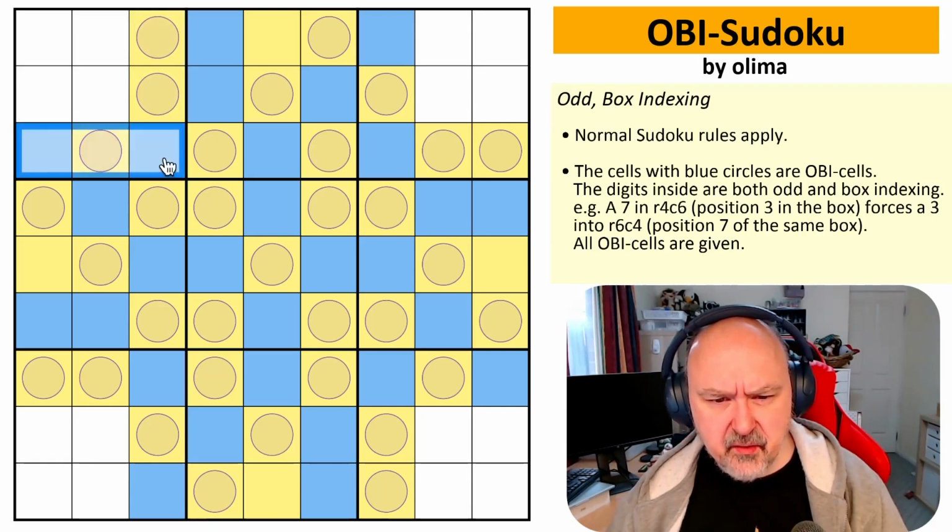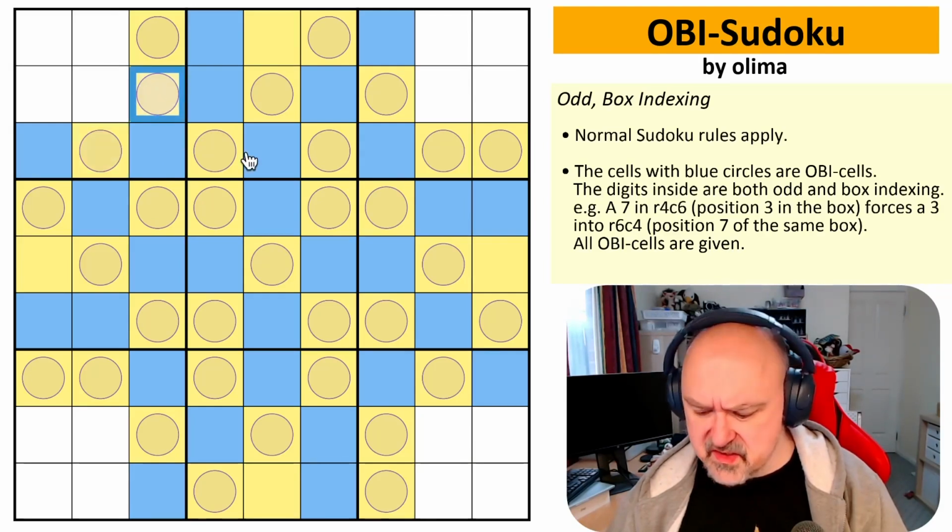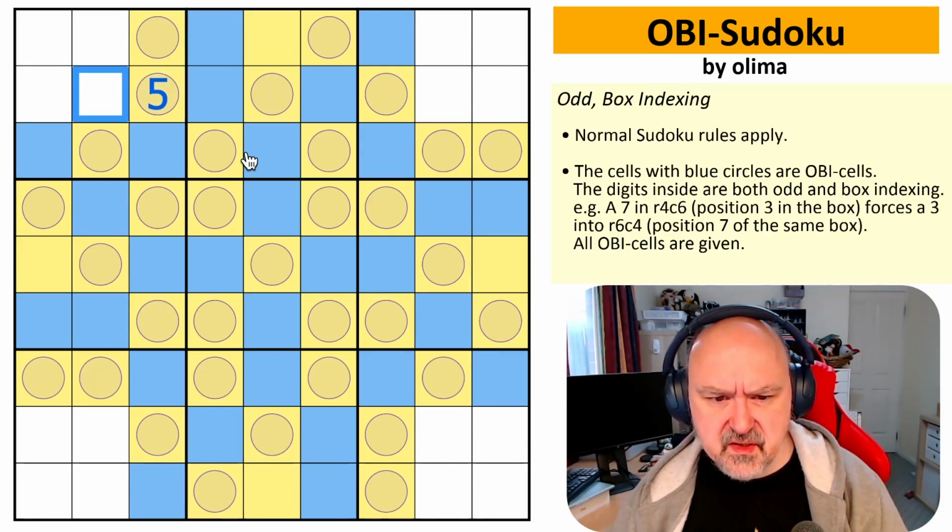But anything else could be 3, and these could be anything except 3, as long as they're odd. Like this could be 5, because then I could put 6 there and I'm fine.